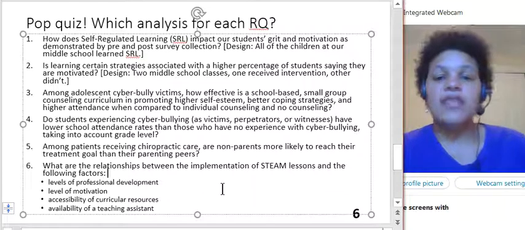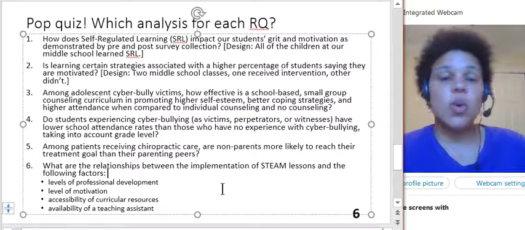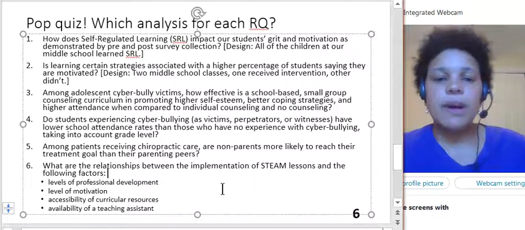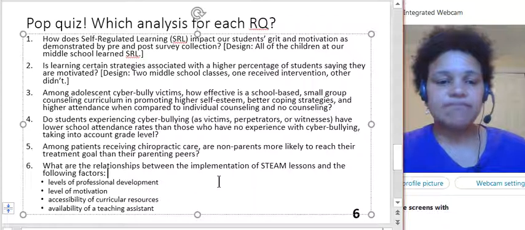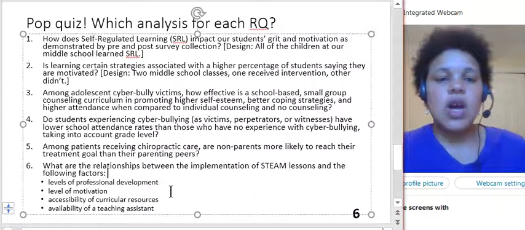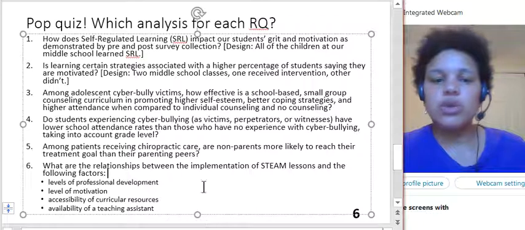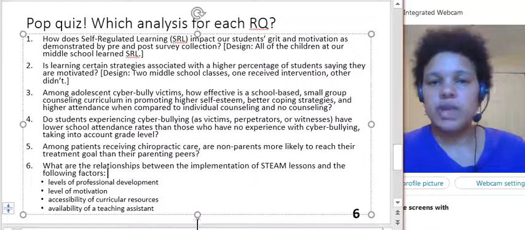Then they were either observed or asked about their implementation of STEAM lessons. And so what analysis would we use to address this research question?